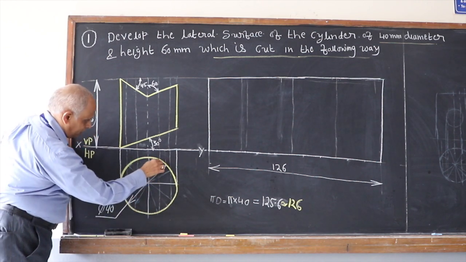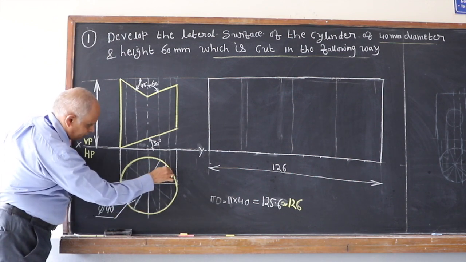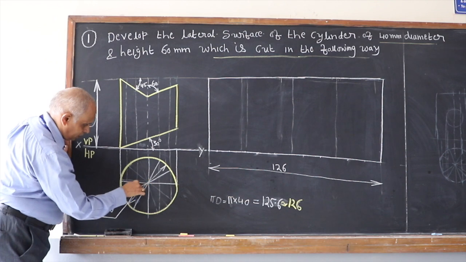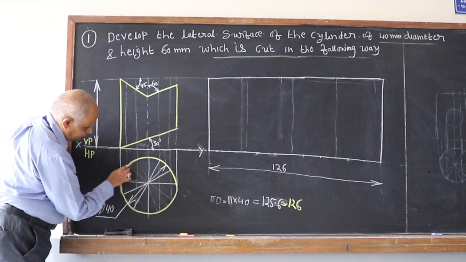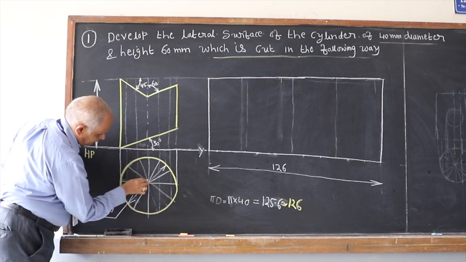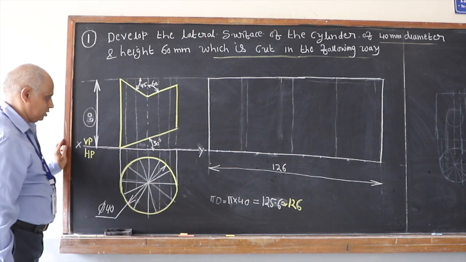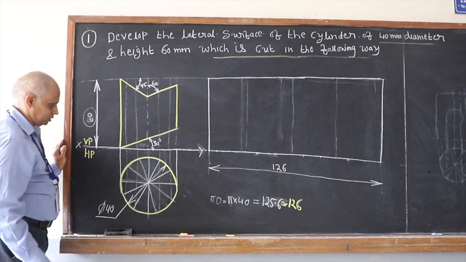Then you draw a 30-degree line with respect to vertical and another 30-degree line with respect to horizontal. Similarly, you repeat it this side, 30-degree line, and of course the 60-degree line. Don't make these lines dark. They are thin continuous lines, only used for construction purpose.